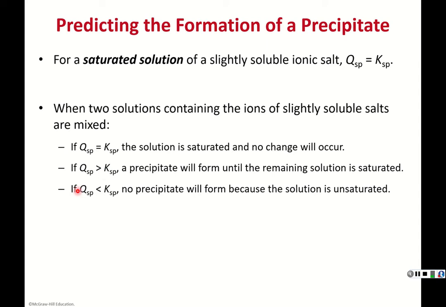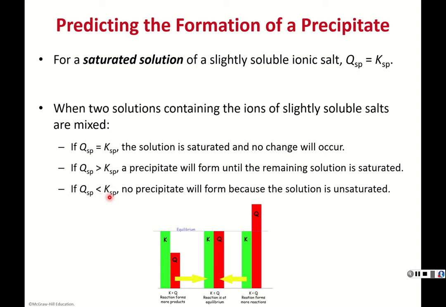If Qsp is lower than Ksp, no precipitate will form because the solution is undersaturated. Here is a difference between Qc, Kc and Qsp, Ksp. If Qc were lower than Kc, the reaction would run in a different direction. Here we don't get any precipitation at all. It just doesn't happen. And again, this is a reminder of our general equilibrium expressions and the directions they go.